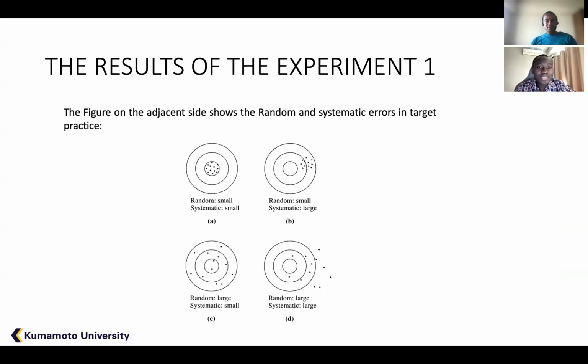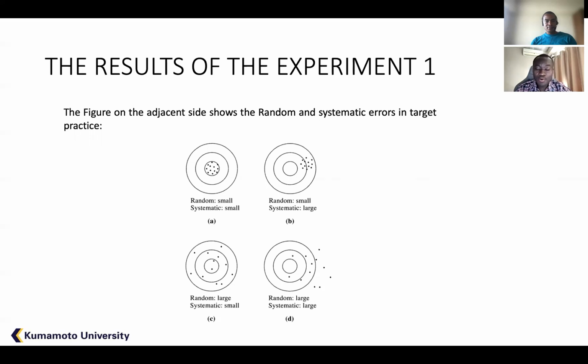The diagram here shows us the outcome of an experiment where physical values are measured. The experiment was performed severally in order to give us several values. And we can see in figure A that when random errors are small and systematic errors are small, the values are centered around the true value.